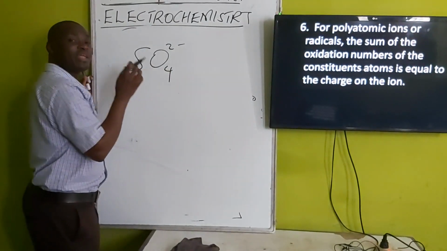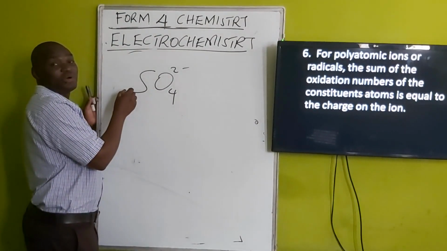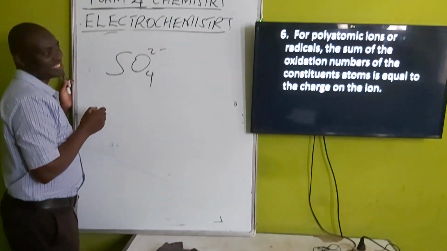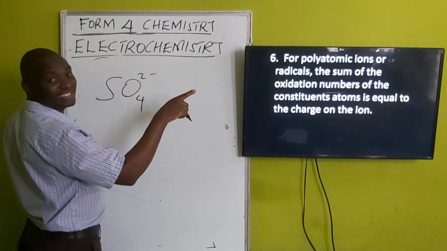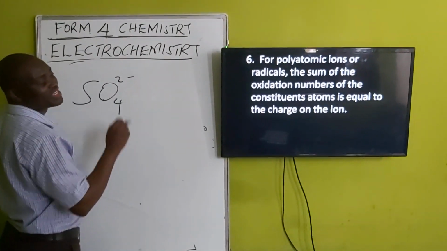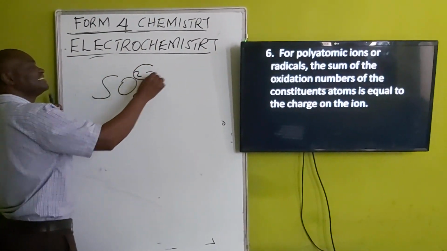Like this is more than one atom. This is one atom of sulfur, 4 atoms of oxygen. So for polyatomic ions or radicals, the sum of the oxidation numbers of the constituent atoms is equal to the charge. This is the charge.